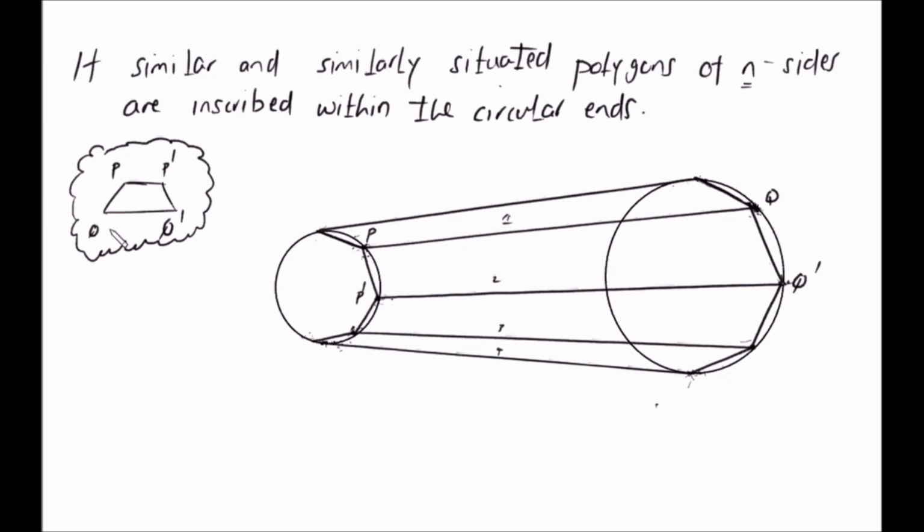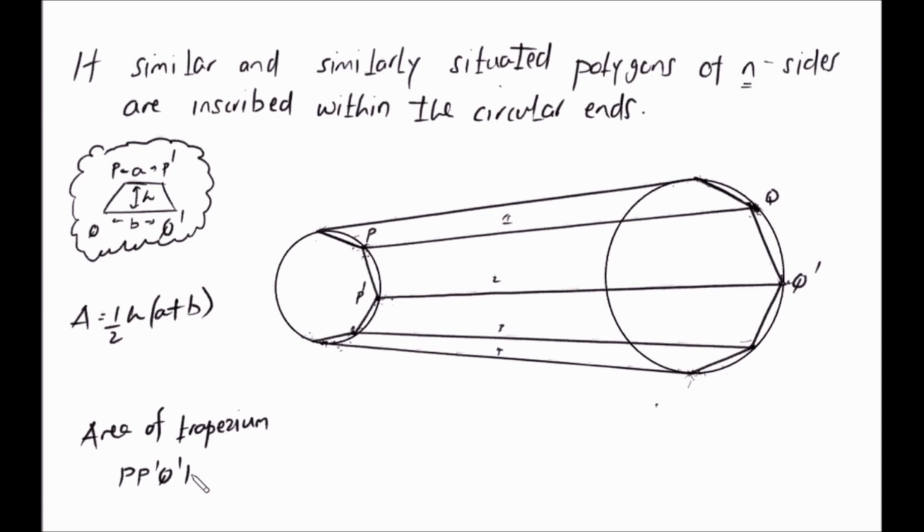So area of the trapezium huku juu si ni A, urefu wake, alafu chini ni B, urefu wake. So hapa lazima tuwe na height, kwa sababu tunajua kwamba area of trapezium is just half height A plus B. So I want the area of trapezium, hii inaitwa P, P dash, Q dash, Q. Itakuwa ni nini?